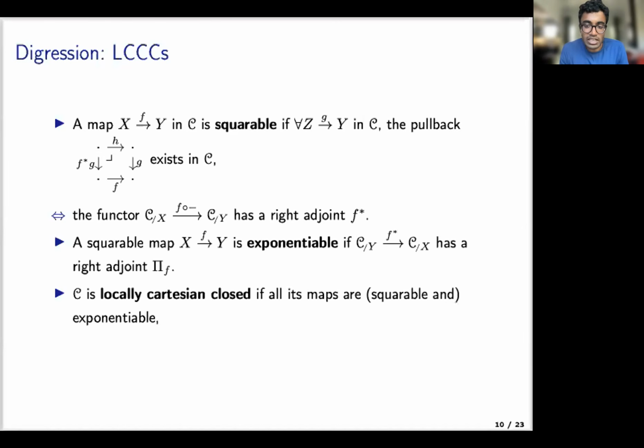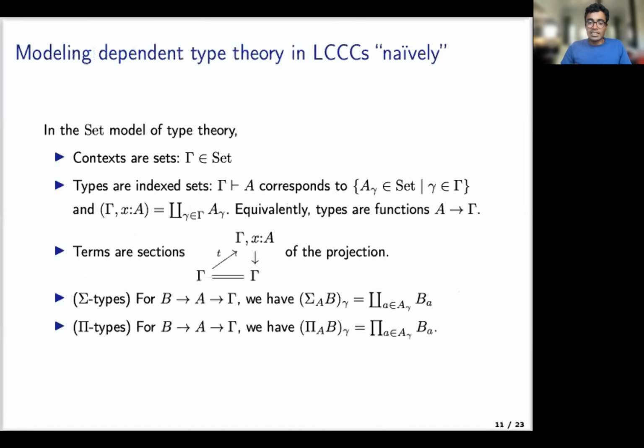And a category is locally Cartesian closed if all its maps are exponentiable. This is equivalent to each slice category of the category being Cartesian closed, and it's a standard exercise in category theory to show the equivalence. It's not completely trivial, but it's a nice exercise.